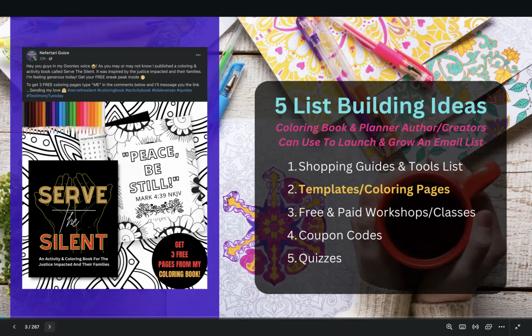It's a great opportunity for people to see what the book is like, what kind of pages you have in there. And then, of course, an invitation is always available in that PDF for them to go and purchase the rest of the book. So again, if you have sample pages, maybe you have templates that you used in your planner, you can use those as giveaways as an example.